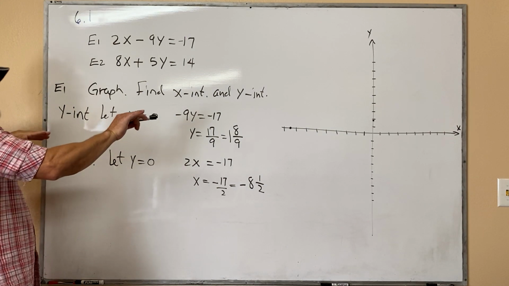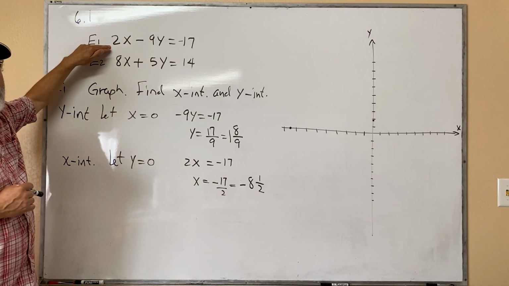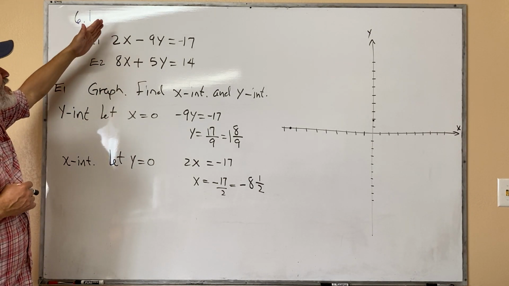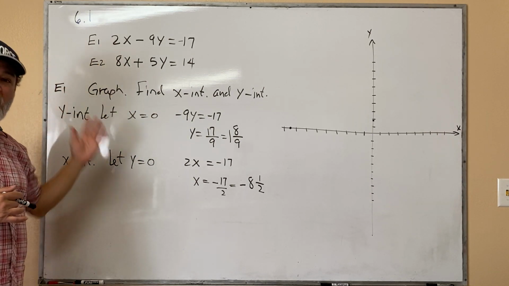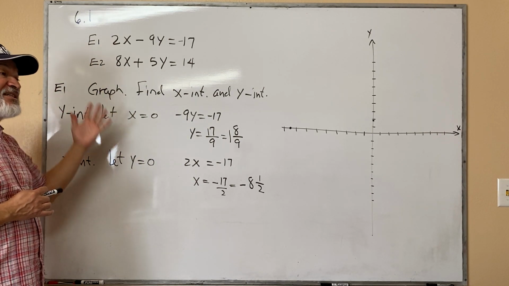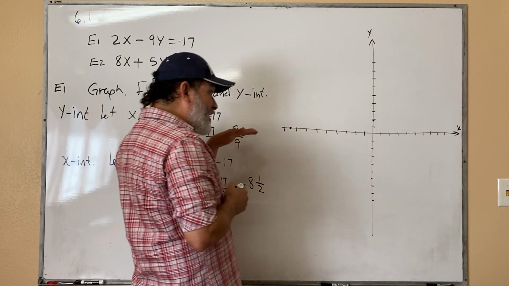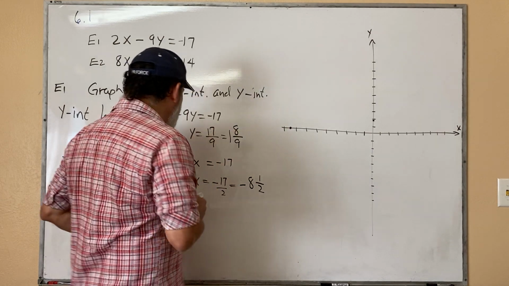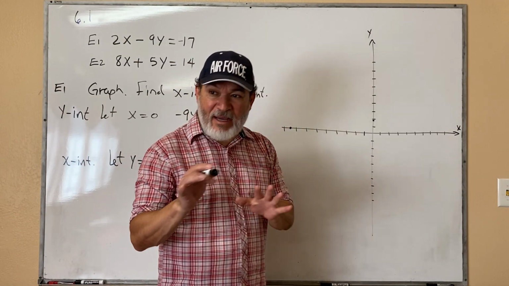We're going to connect those 2 points with a straight line because both are linear equations. We call this a system of linear equations. So let me connect these 2 points with a straight line. I'm going to try my best.